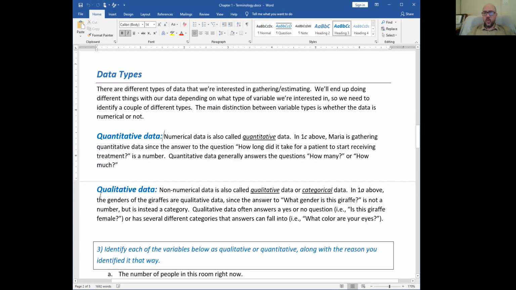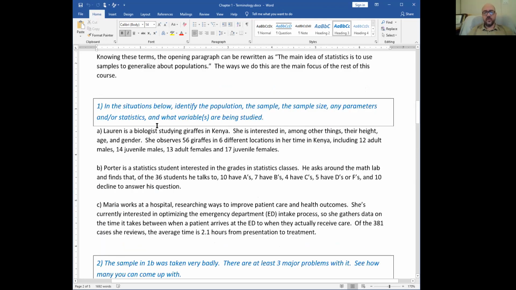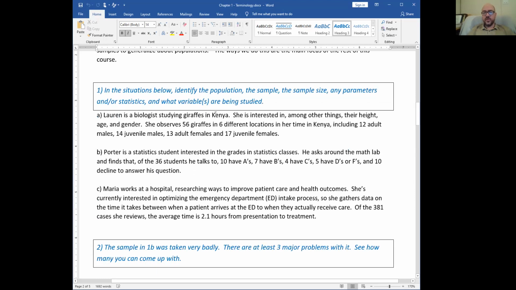An example of qualitative data is anything that's a category. So for instance, again, previous question here, Lauren, the biologist, she is interested in some things about giraffes, their height, age, and gender. So height and age are both numbers. Gender is not. Gender is a category, right?